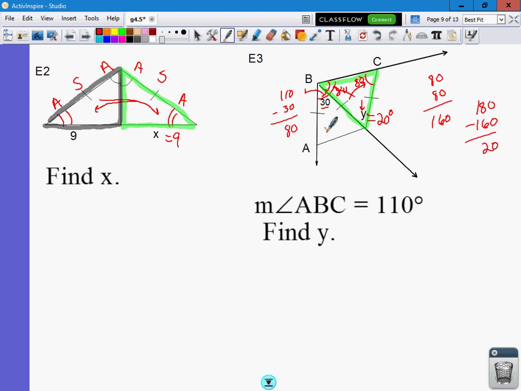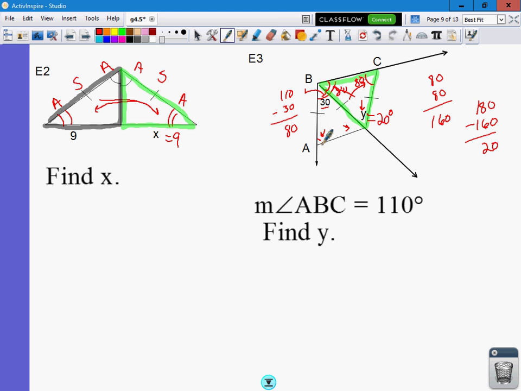Could we find these that are over here? In fact, how big would these be? If this is 30 up here, how big would these two be? Do you see it? Somebody said it. They'd be 75. I can see that this is also isosceles.